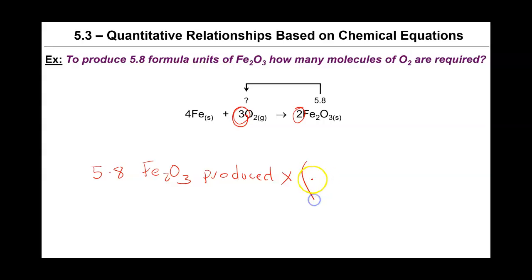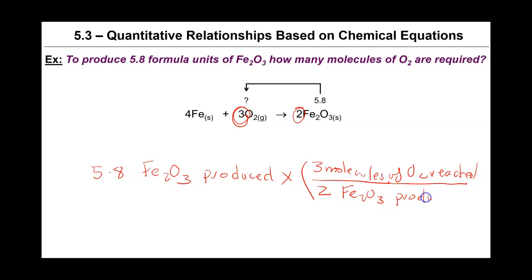and I know that 3 molecules of O2 are reacted for every 2 Fe2O3 produced, then you can see that I can fairly promptly calculate the amount of oxygen that I need to produce my Fe2O3.